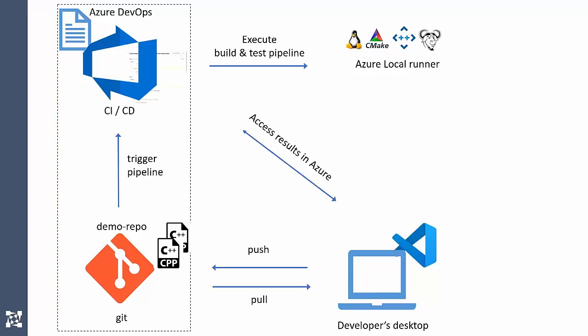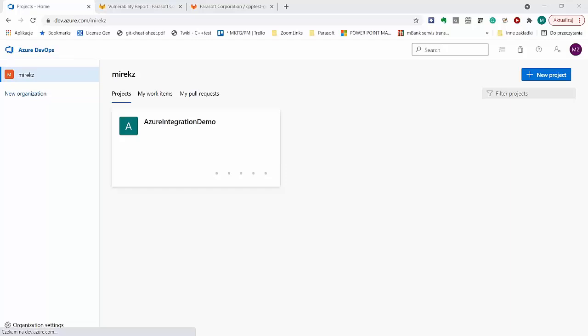Static analysis results will be published and available in Azure DevOps for inspection, and also available for download to VS Code local instance for convenient remediation. So that's the plan for our demonstration. Now, let's see this in action.